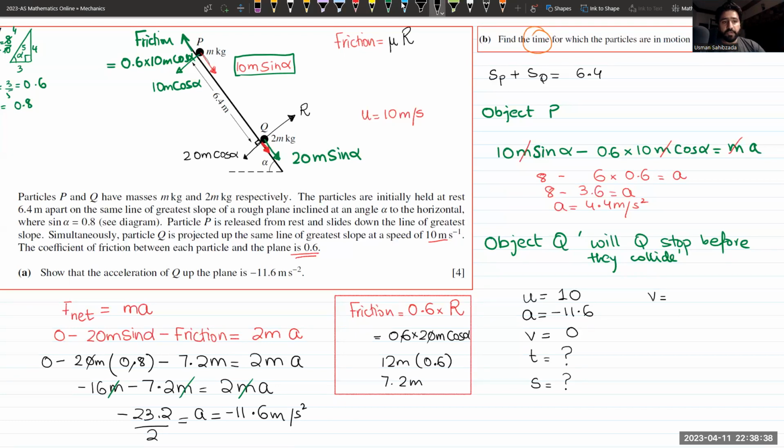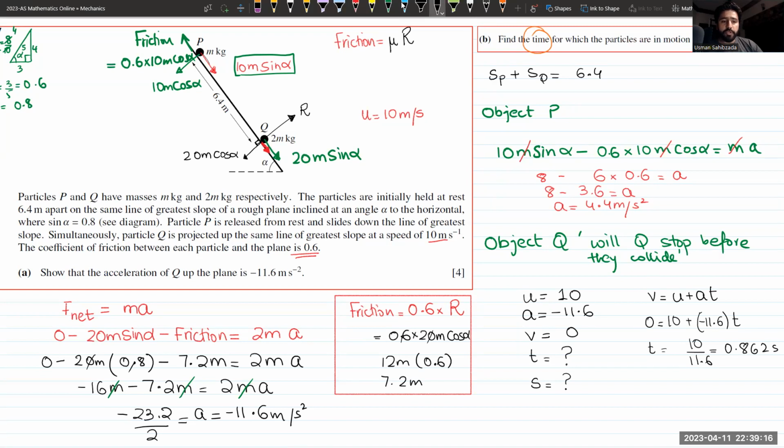So we use the first equation of motion. v is equal to u plus at. v is 0. u is 10. a is negative 11.6 times t. Please get me the time value. 10 over 11.6 in numbers, and all the significant figures that we can get. It's good not to round. 0.862 seconds is the time that we get when this object comes to a stop.